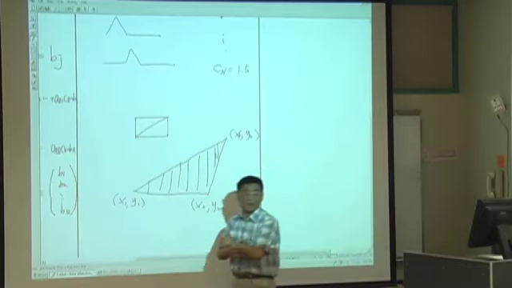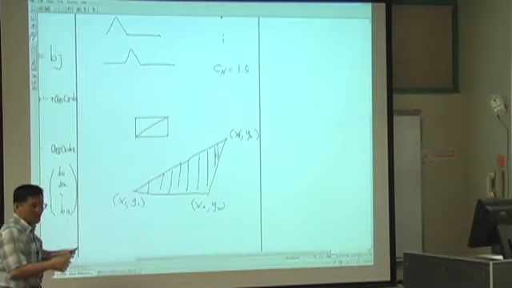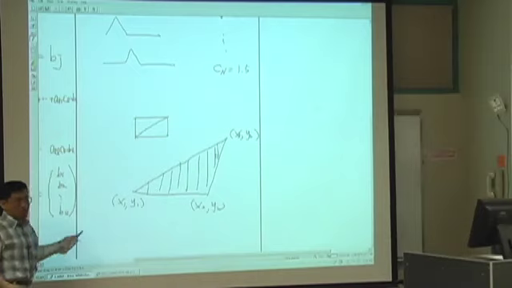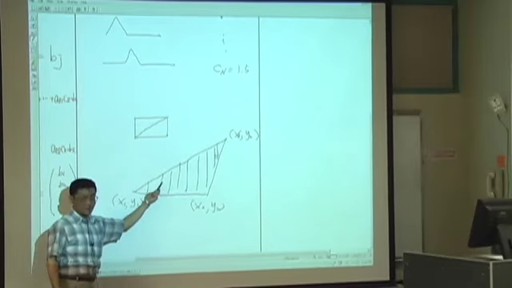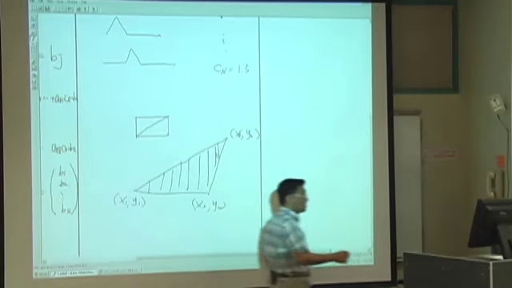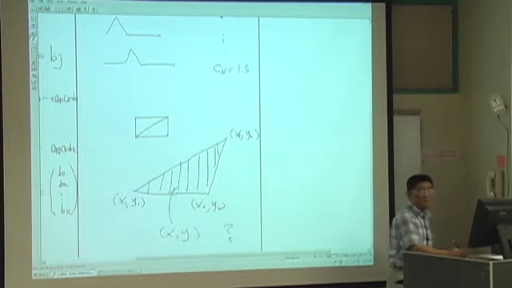But programming this thing is not easy. So this is the difference between theory and actual implementation. Theoretically, we may say that, oh, the point should be inside the triangle. But program it. In other words, how can you check whether x, y is inside this triangle or not?